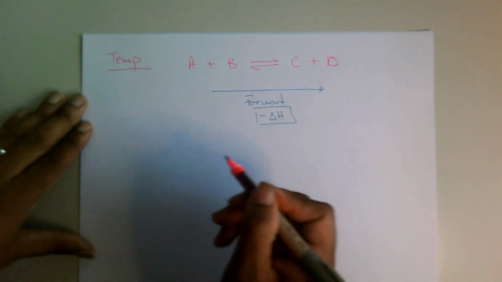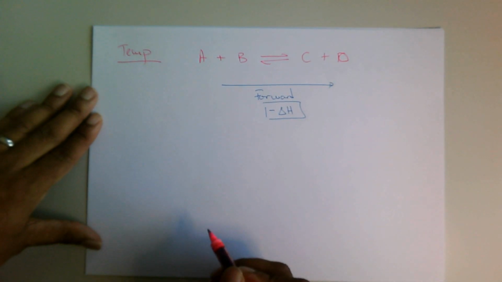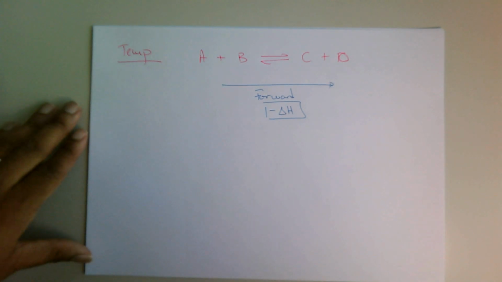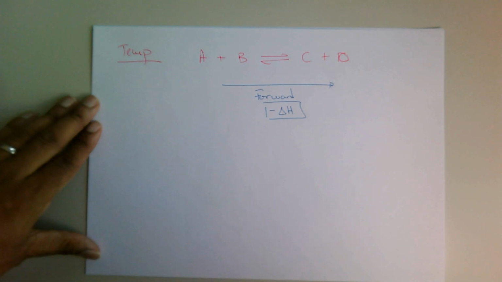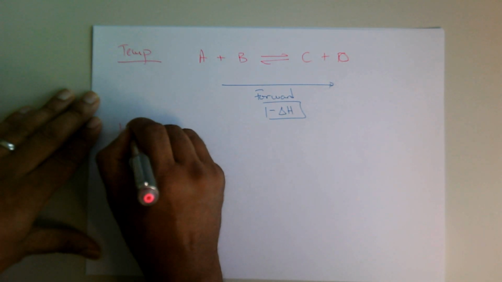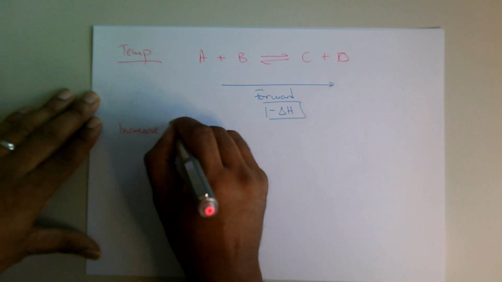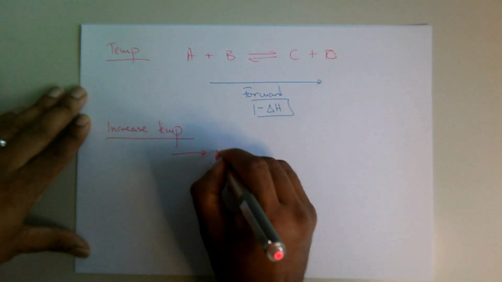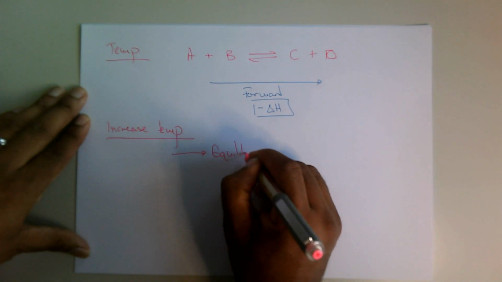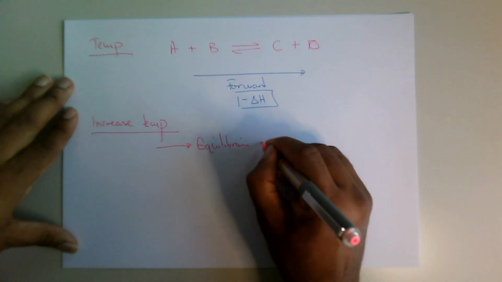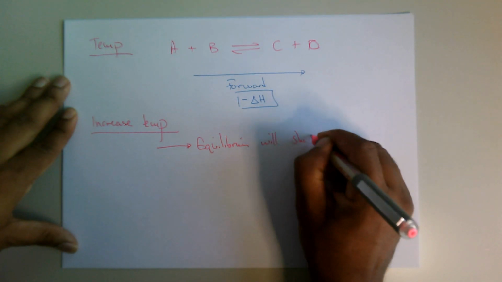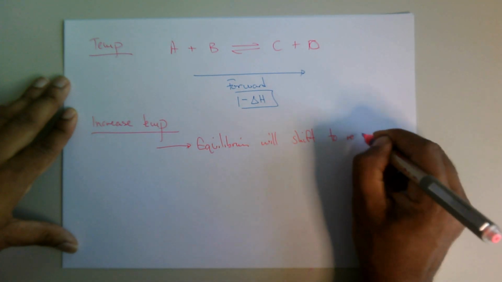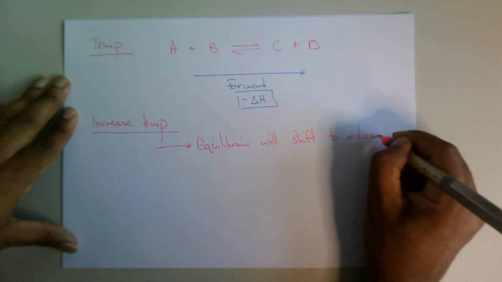If you learn the understanding of one of them, you'll be able to reverse it for the other change. So increasing temperature: if you increase temp, equilibrium will try and reduce it. So equilibrium will shift to reduce temp.